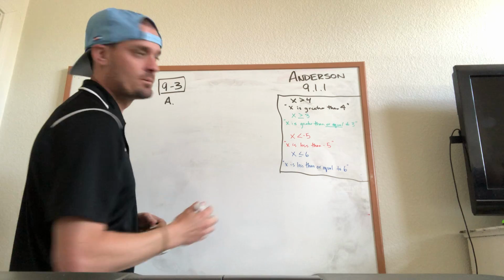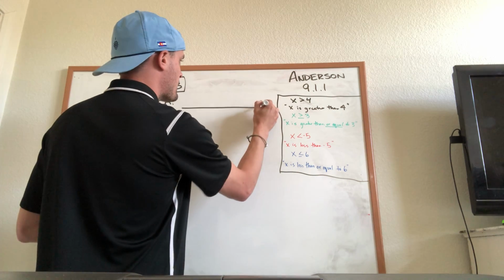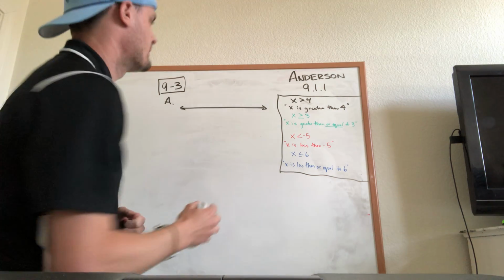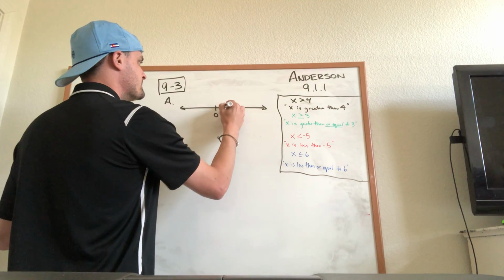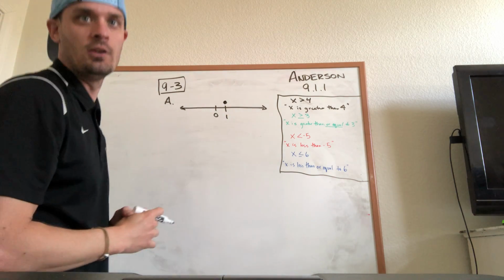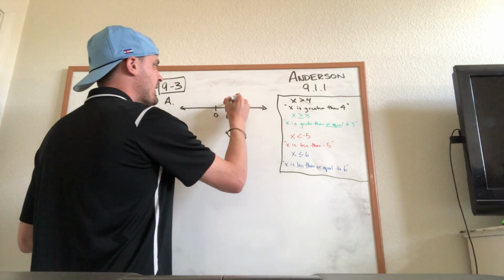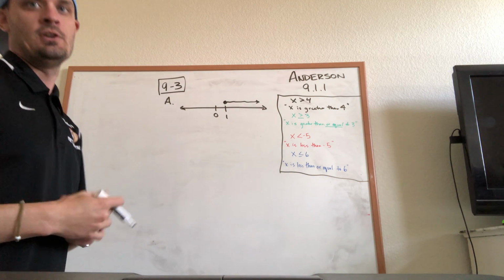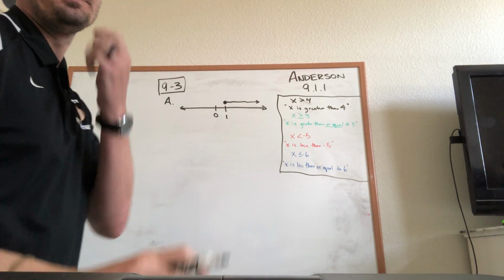A gives you a number line. We have a closed dot and it goes to the right, like so. So we want to be able to write an inequality that fits this.